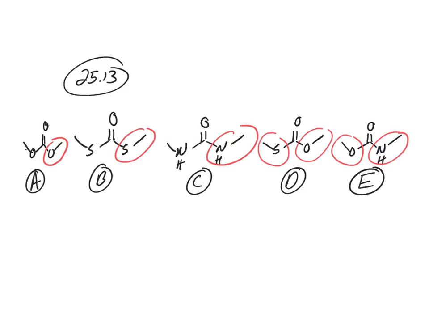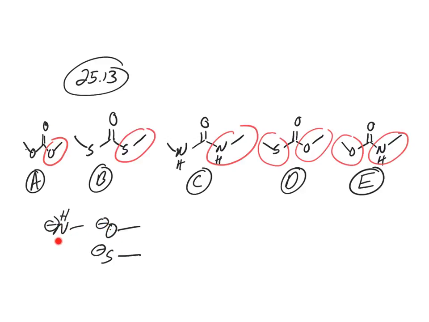So we need to think about what's going to be more stable. An O minus, an S minus, or an NH minus. And I even did these in a certain order. If you look, this looks like a periodic table, perhaps. Where's nitrogen? Nitrogen's to the left of oxygen, and sulfur's below oxygen.